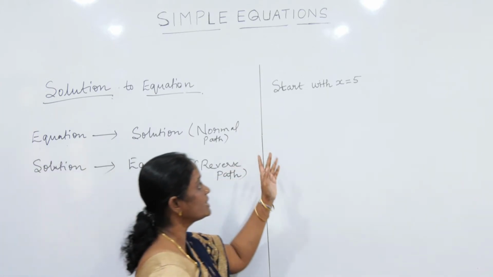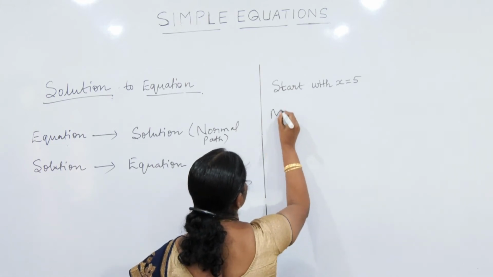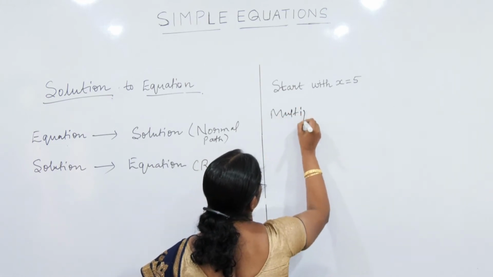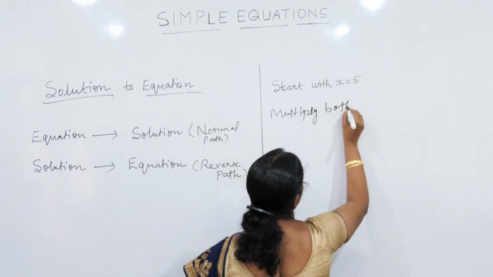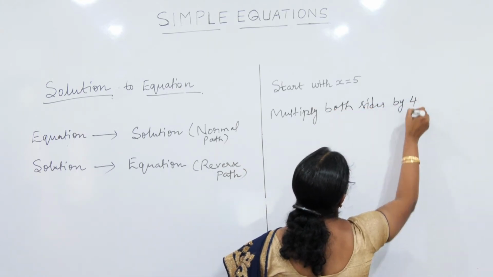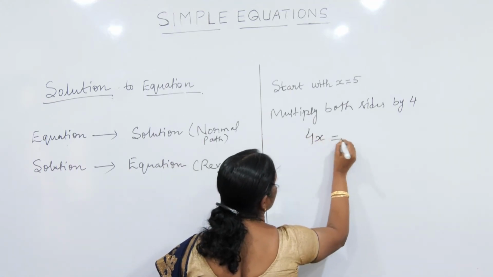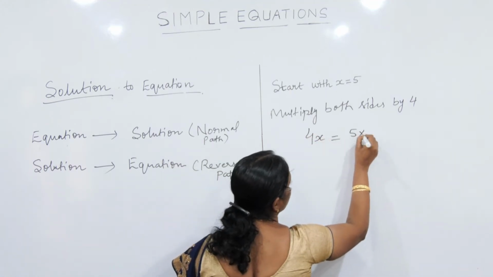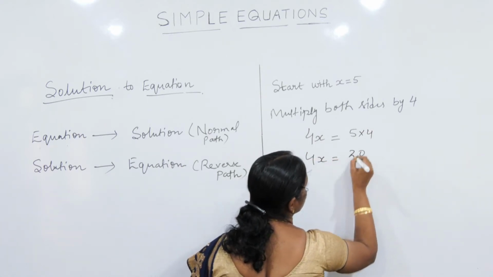Let us start with x is equal to 5. Now multiplying both sides by 4. What we will get? 4 multiplied by x is 4x and 5 into 4, that is 4x is equal to 5 into 4 is 20.